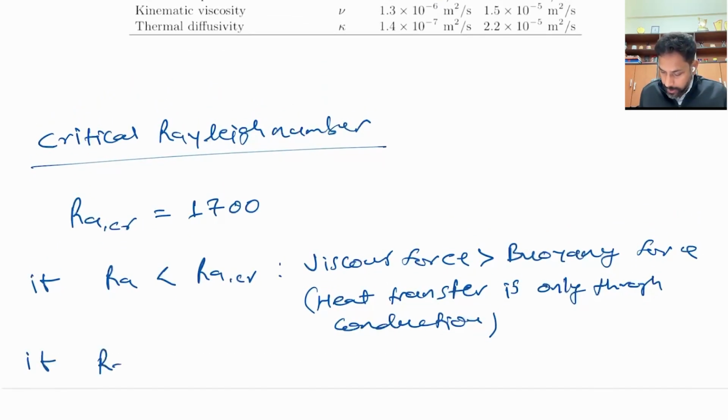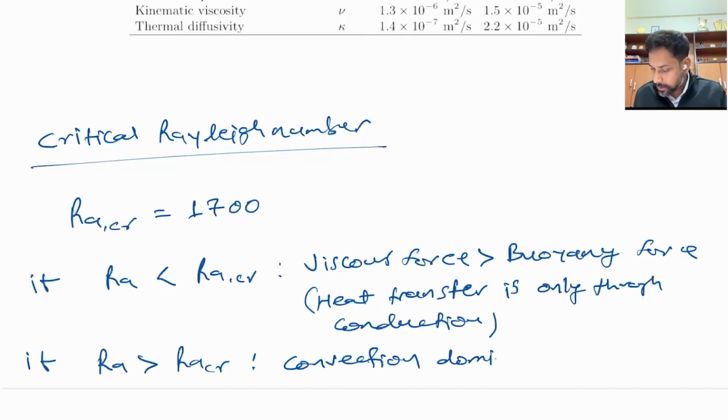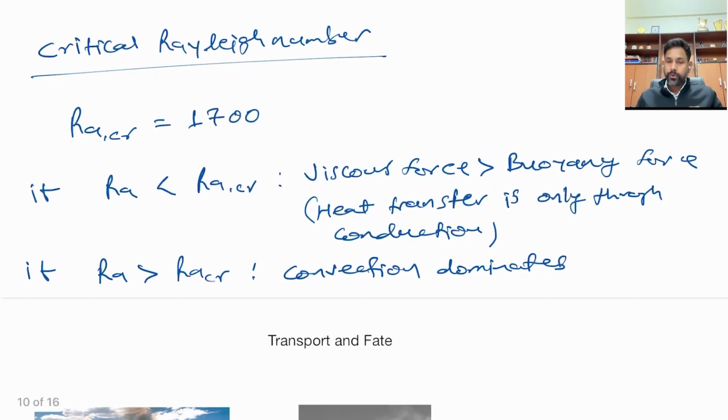And if Ra is greater than Ra critical, in that case convection dominates. So your conduction and convection depend on the critical Rayleigh number.